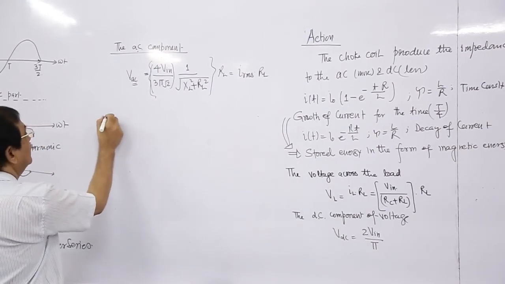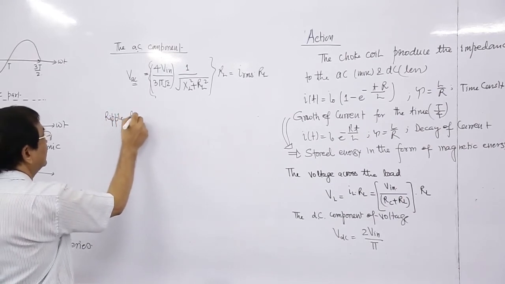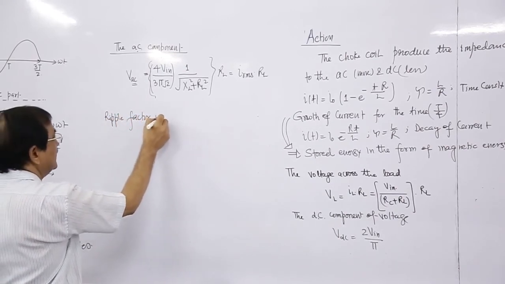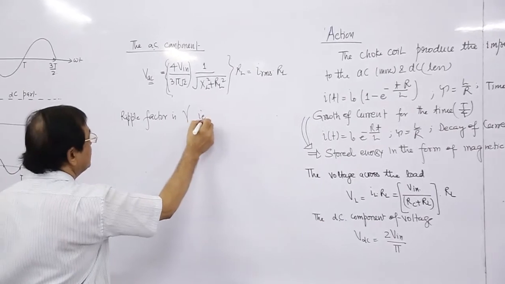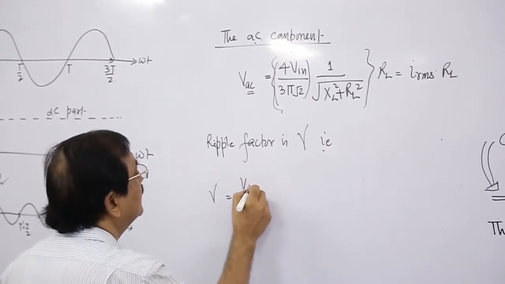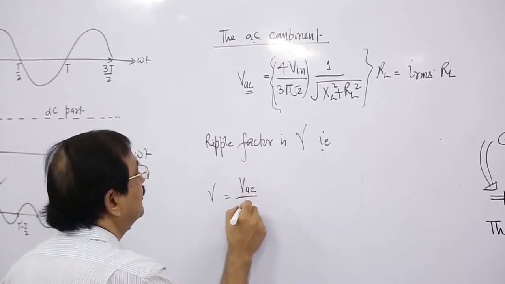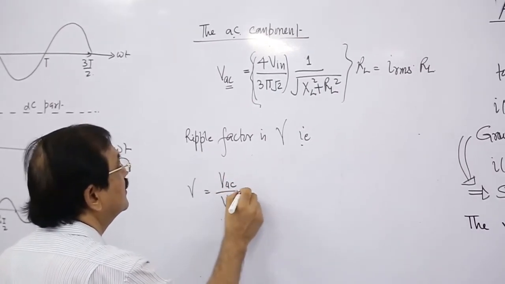So the ripple factor gamma is equal to VAC upon VDC.